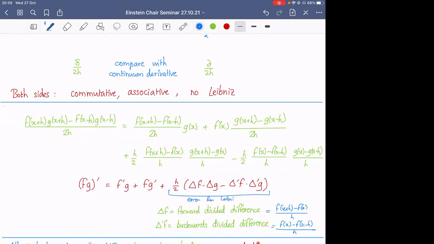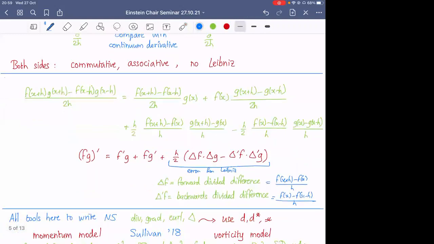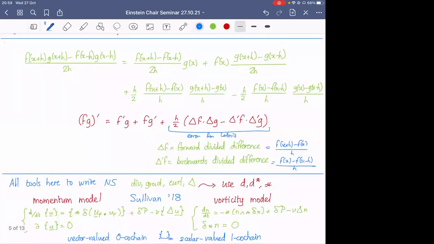Okay, so yes, as Dennis said, if you want to write Navier-Stokes, for example, then you have terms of div, grad, curl, Laplacian, and so you need the d star and star operators. So I just wrote down Dennis's two models of discretization of Navier-Stokes.